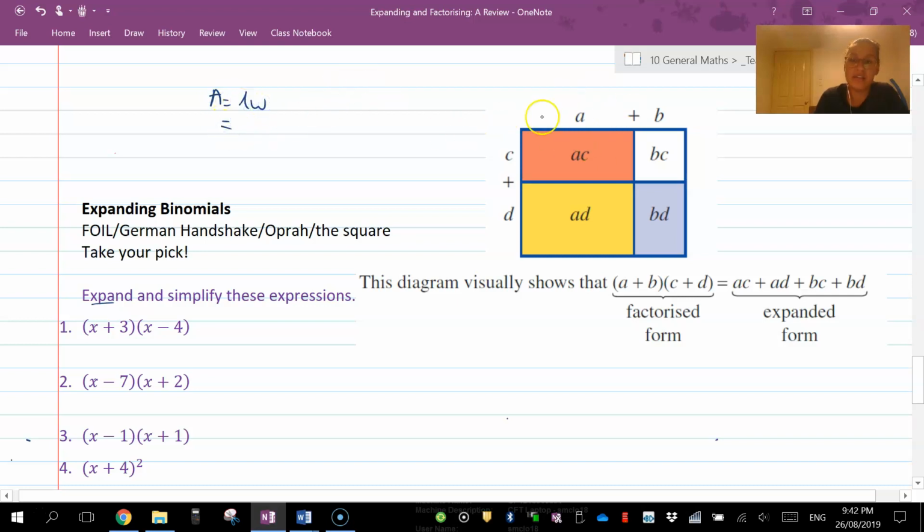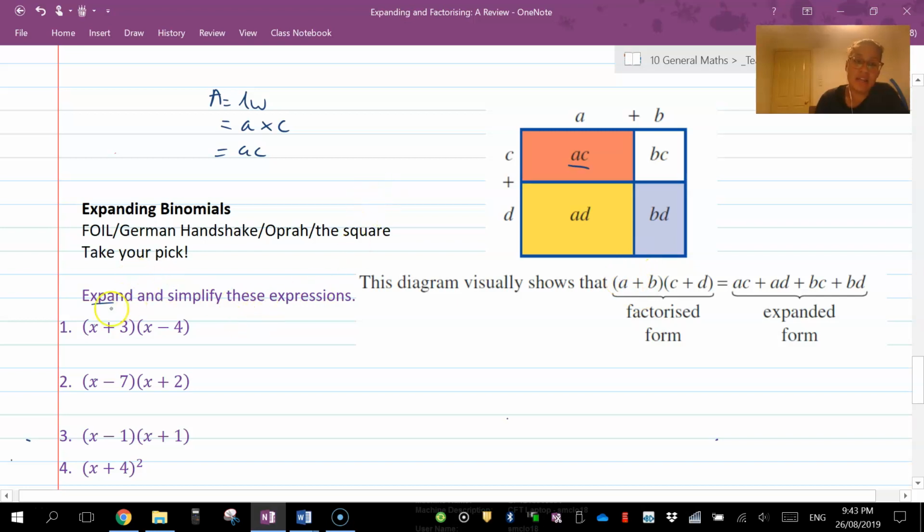Now in this case here, it's a times c, and as a result you get AC. Now if you did the same thing with this area, it would become BC, DA. But this is the part that everyone forgets about, is that you also, to complete the rectangle, you need to have this area as well, so BD.